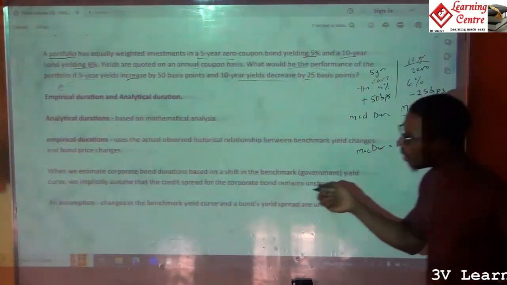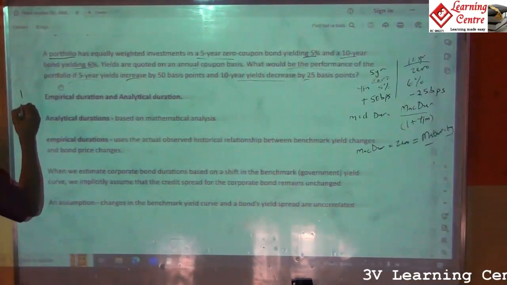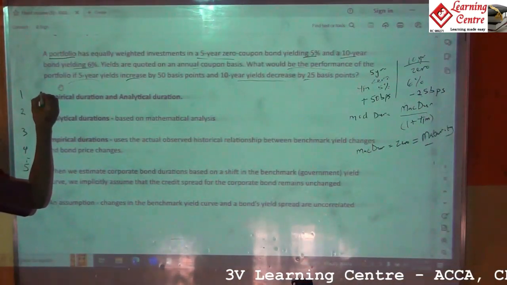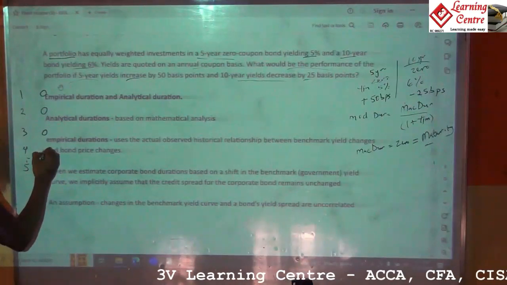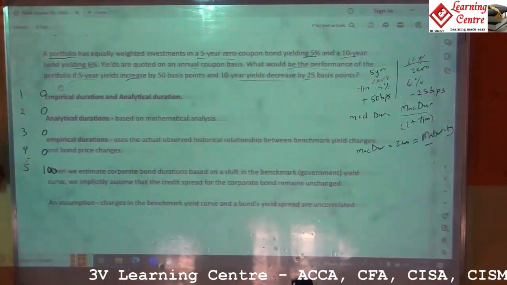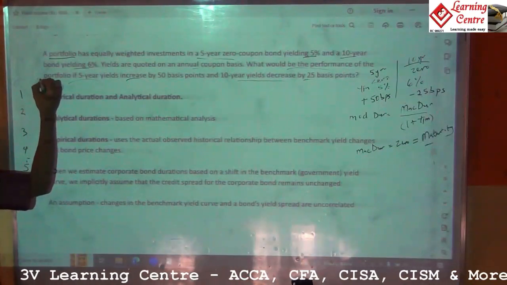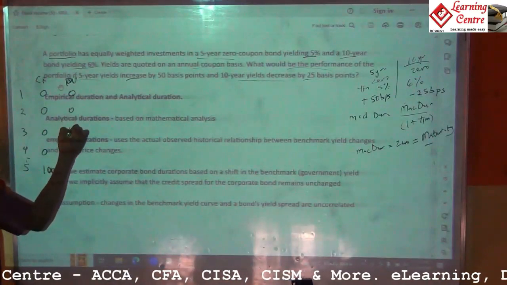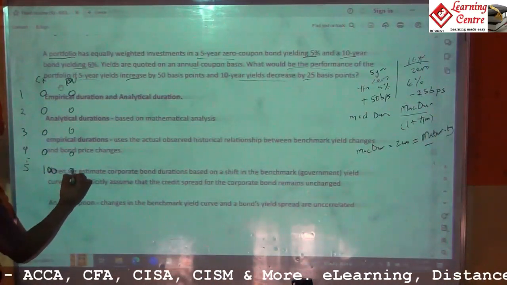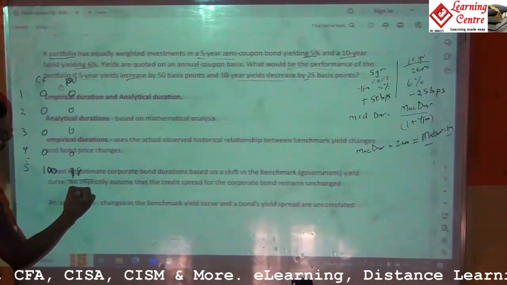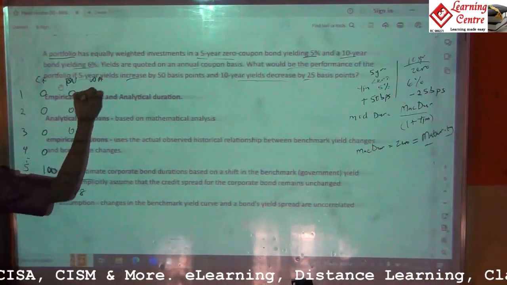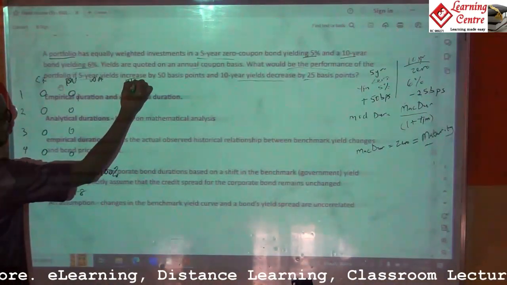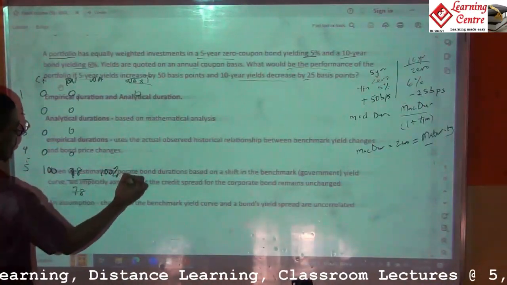Remember how we did it the other time? For a zero coupon bond, there are zeros, zeros, and then 100 at the end. The weighted average: everything is 100% at that one point, and when you weight the average times time, everything is equal to the time.